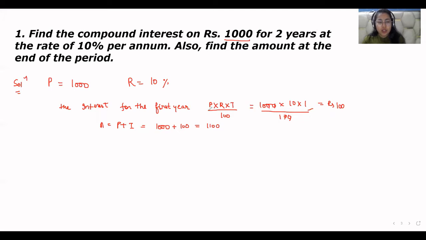So what is the new thing in compound interest? In compound interest, for the second year, your principal will be your amount. So the amount is your new principal for the second year.